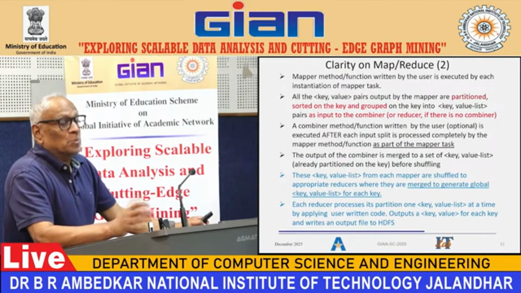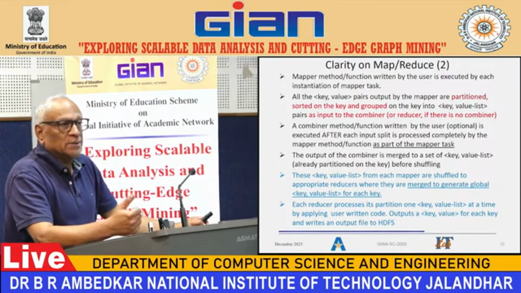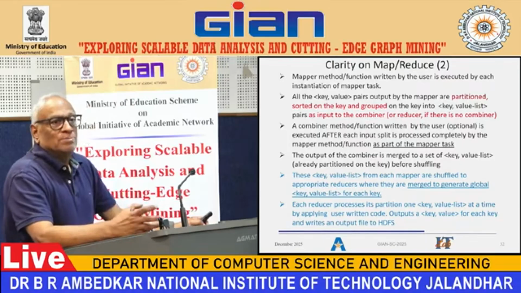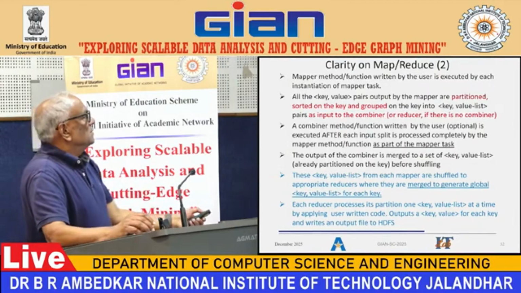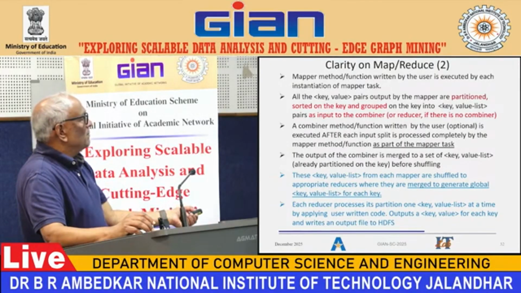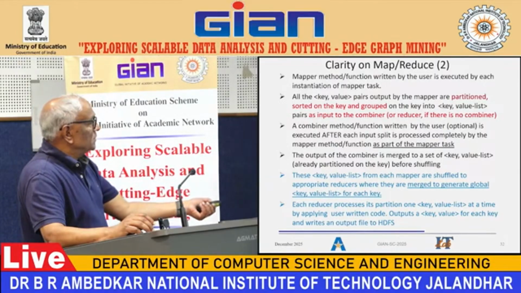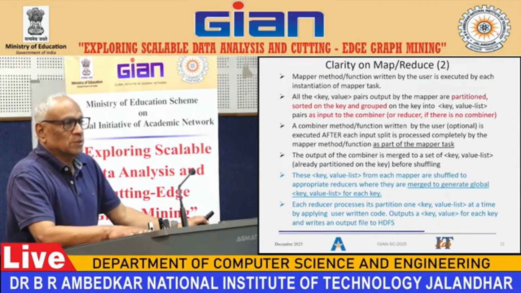You don't have to do it, because sorting is not easy, especially sorting on the disk is complicated, grouping is not easy, merging is not easy, partitioning is also not easy, but all of it is done by the system. As I said, if you have a combiner method written by the user, it can be executed after the map function. The output of the combiner is merged to a set of key value lists, and this value list is what is sent to the reducer.